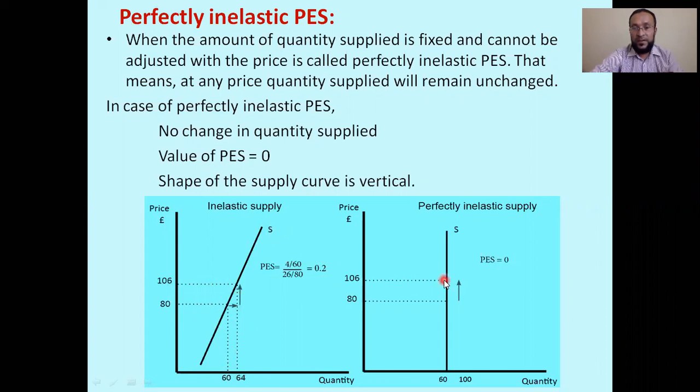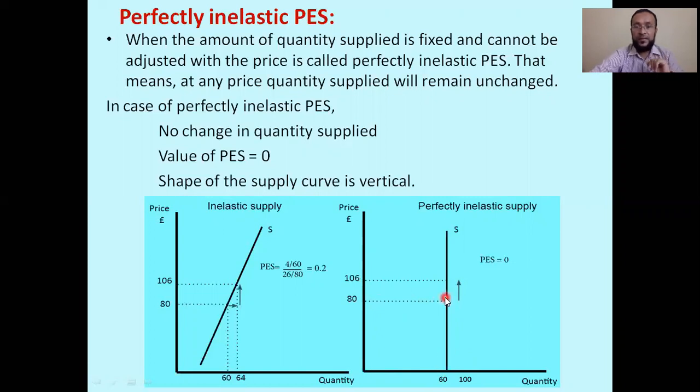Now come to this diagram. Here, when price was 80 pound, supply was 60 units, right? If price increases from 80 to 106 pound, still the supply is 60. If price increases again, still supply will be 60. Even if price falls and becomes 0, supply is still 60.